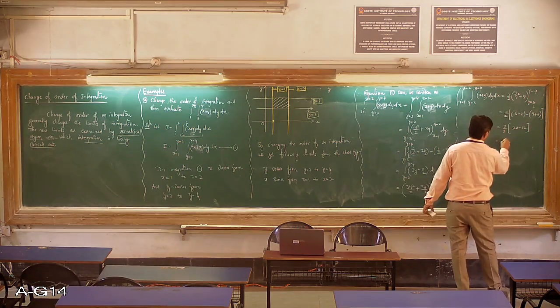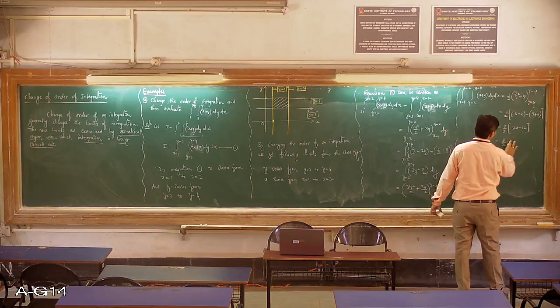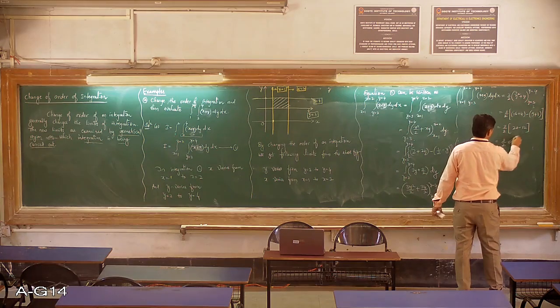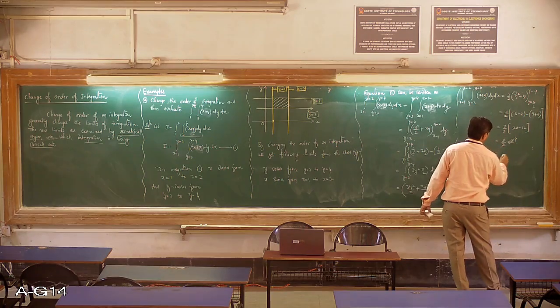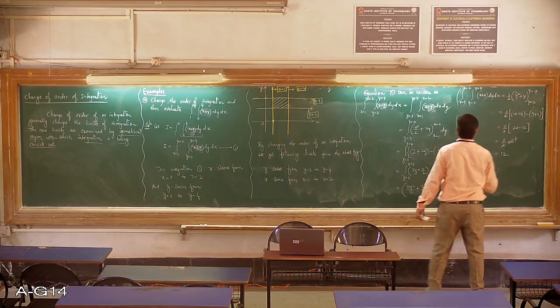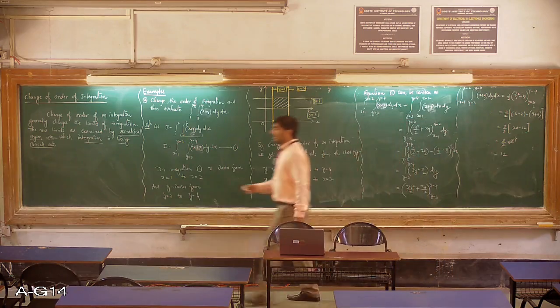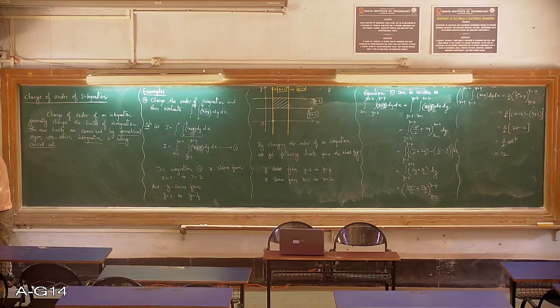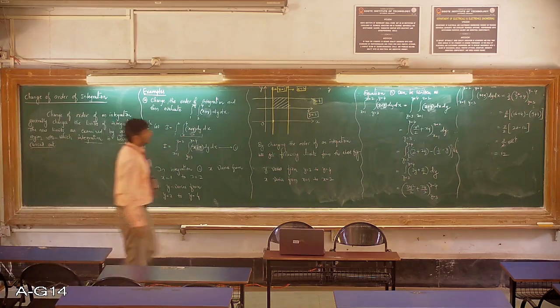So which is equal to 3 by 2 into 8. That is nothing but 2 ones are 2, 2 fours are 8, so 3 fours are 12. So the final answer is 12.